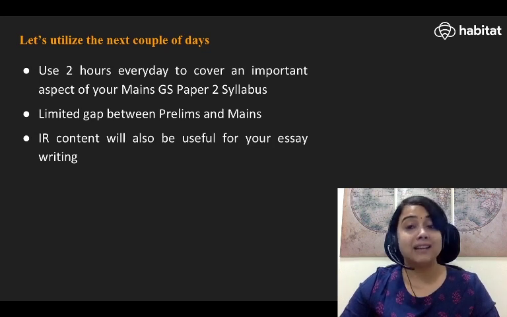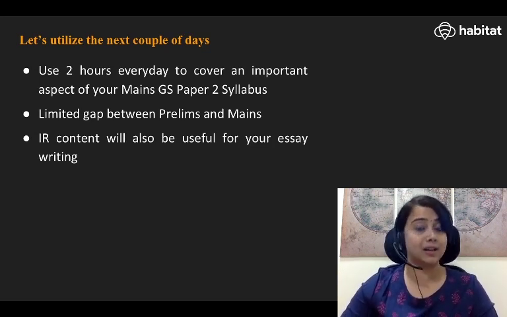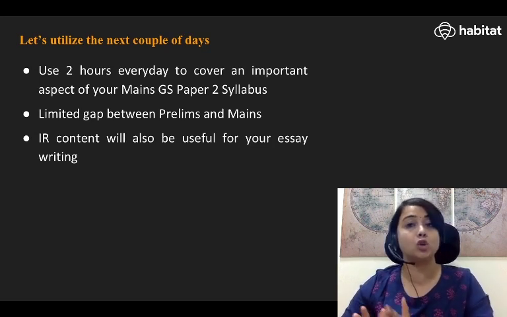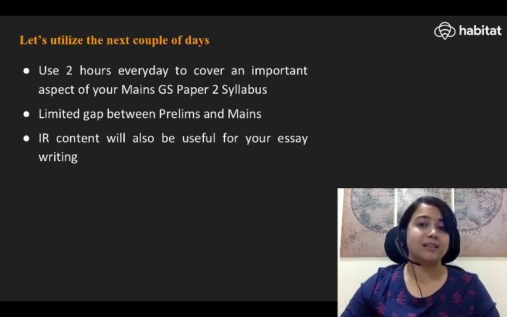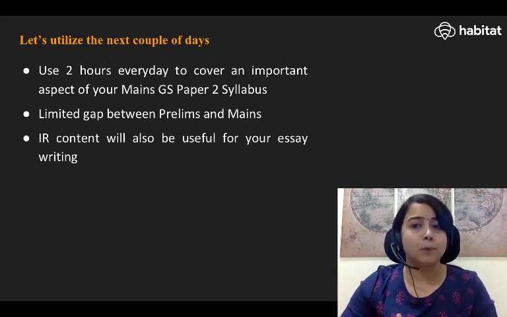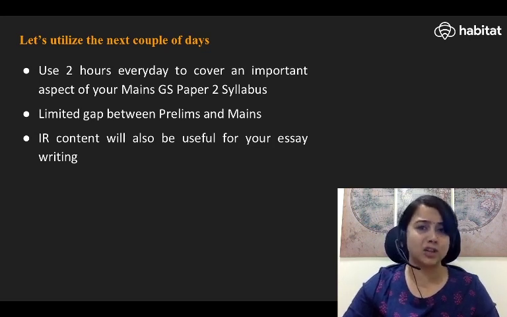Now, in these 80 days, you have so many papers: 4 general studies papers, 1 essay paper, 2 optional papers. That is why it is important that we make some progress with respect to our mains preparation at this stage itself.